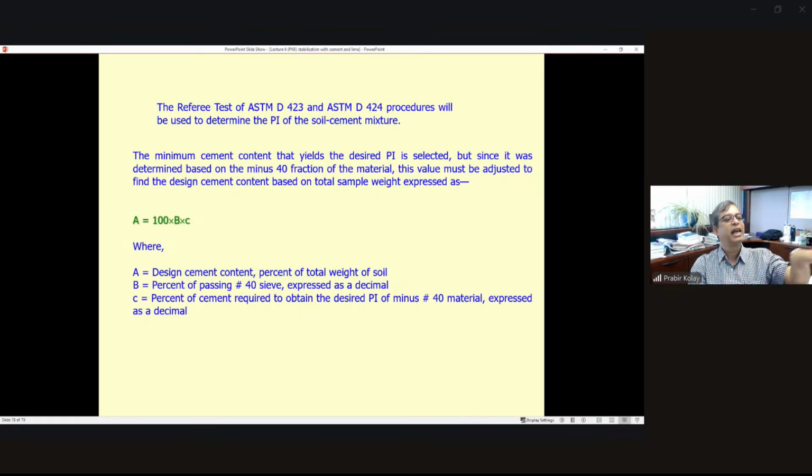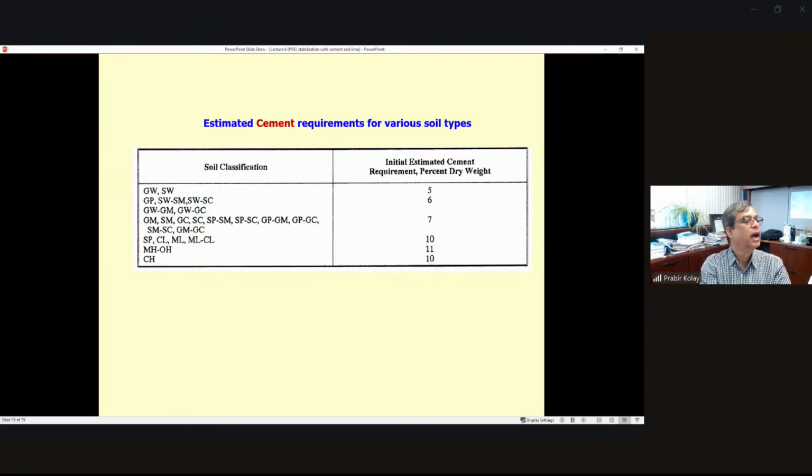Earlier you have seen ASTM 423 and 425. So you can find out the optimum quantity of cement. Most of the time, here in Illinois, depending on the type of clay, people use 5 to 10% maximum, because more cement gives more strength, but obviously the cost will go up. So that's the reason people don't use too much cement.